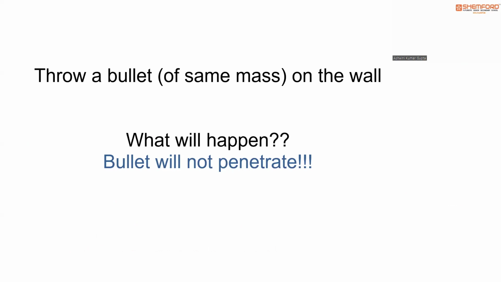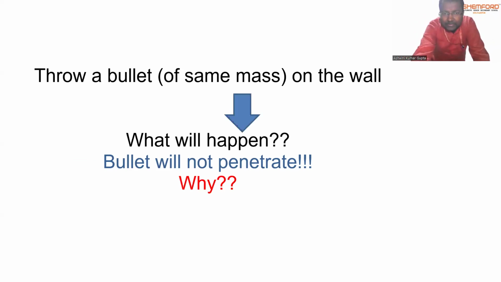Okay. So see, try to understand the concept. What is happening? If we shoot a bullet on the wall, the wall will be penetrated by the bullet. But if we throw a bullet on the wall, that is not going to penetrate it, right? Why? What is the reason behind this?